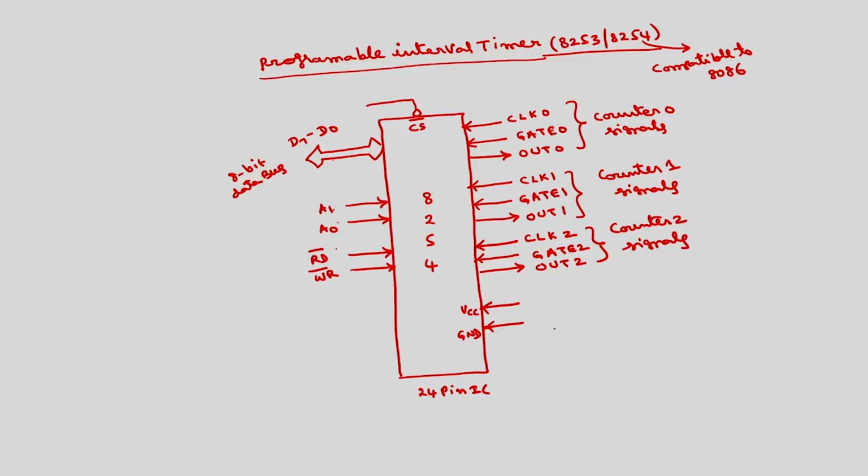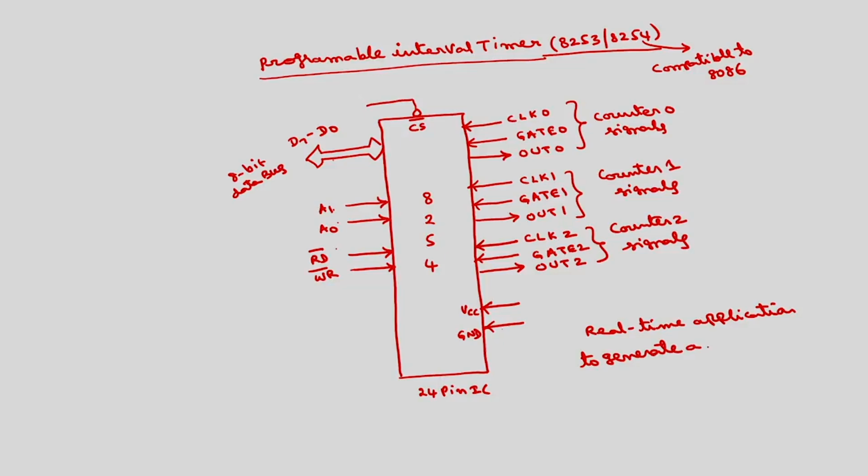Basically, this programmable interval timer is used in real time applications to generate accurate delays. Using delay programs, we cannot generate accurate delays, but there are some applications where we have to generate the delays precisely, very accurately.